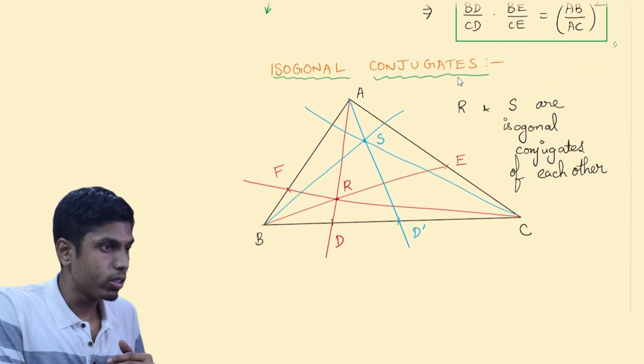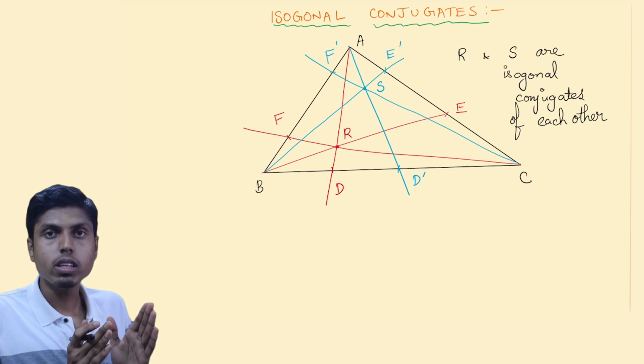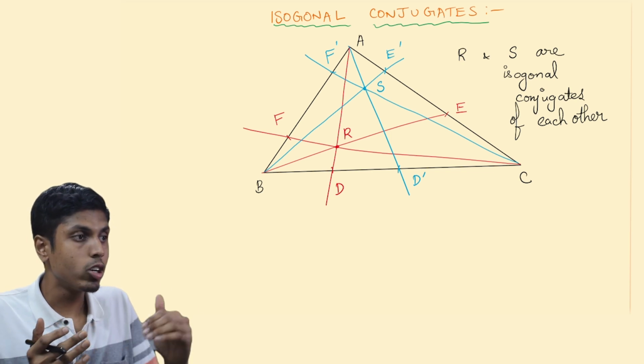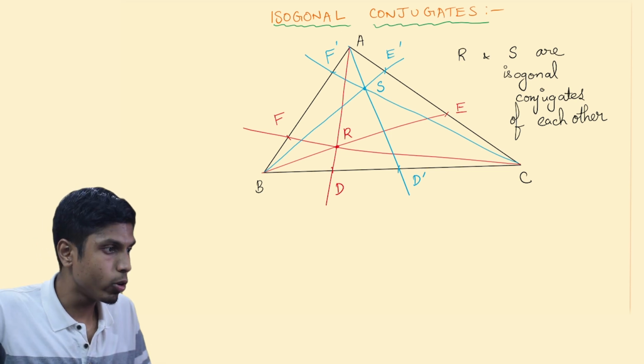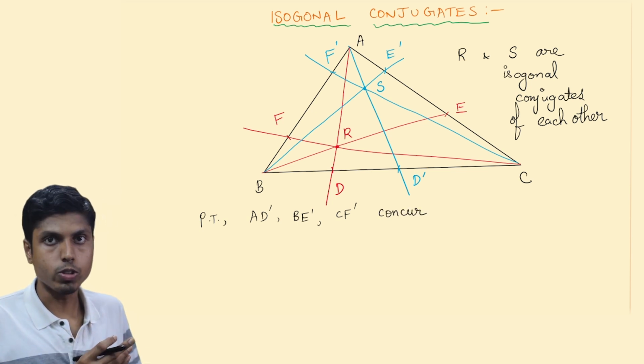So for this, consider D prime, E prime, F prime as the points, and we will be using the above formula to determine these locations, and we will use Ceva's theorem to prove that AD prime, BE prime and CF prime concur. And this proves the existence of isogonal conjugates.